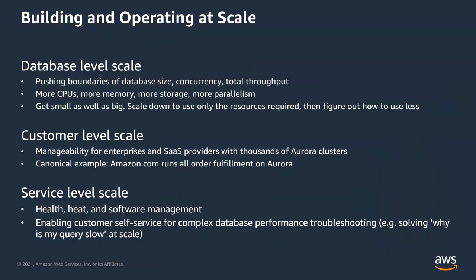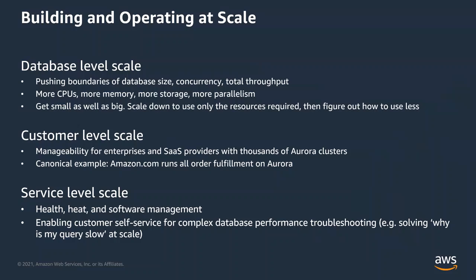All right. So then we have customer level scale. So for individual customers, some of them run thousands of Aurora clusters. I mentioned Amazon fulfillment. All the packages shipped by Amazon come through Aurora clusters. That team has thousands of them. And so how do we build the right customer experience for customers that are running thousands of clusters, thousands of databases?